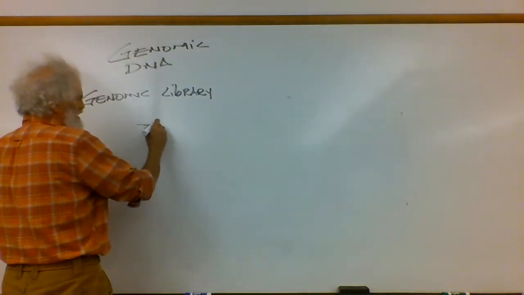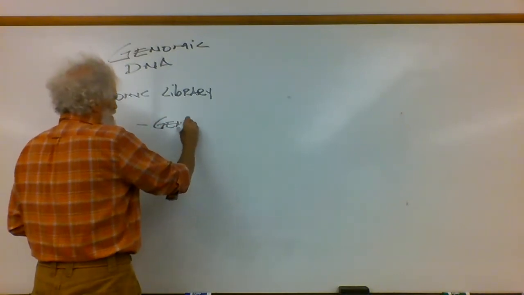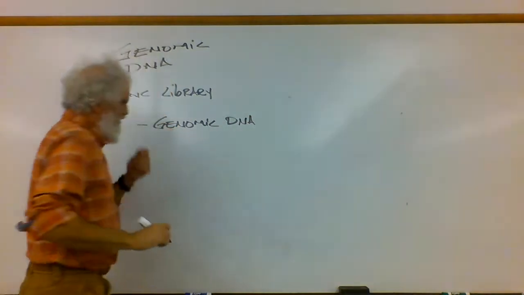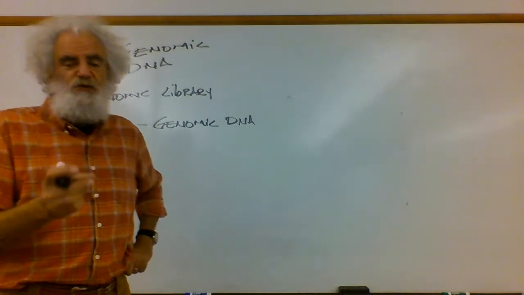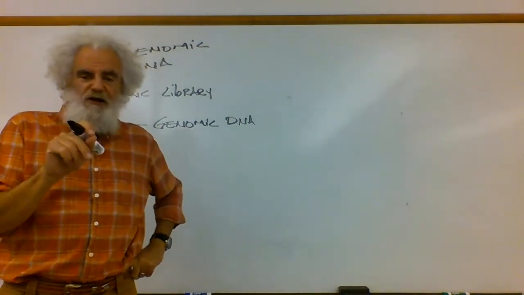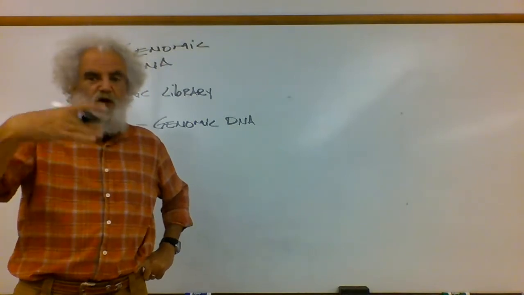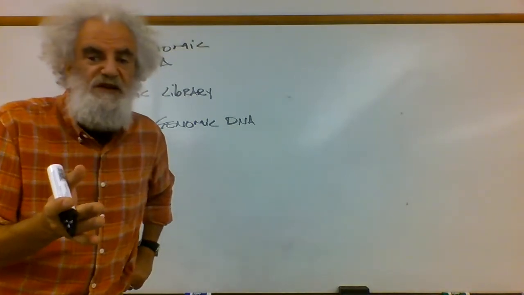Just like we did for a genomic DNA blot, we're going to isolate genomic DNA. Now, the next step is to break it into small pieces, and a standard way of doing this is to take a restriction enzyme, rather than carry the restriction digest to completion, like let it go 37 degrees overnight, we might let it go 37 degrees for 10 or 15 minutes.